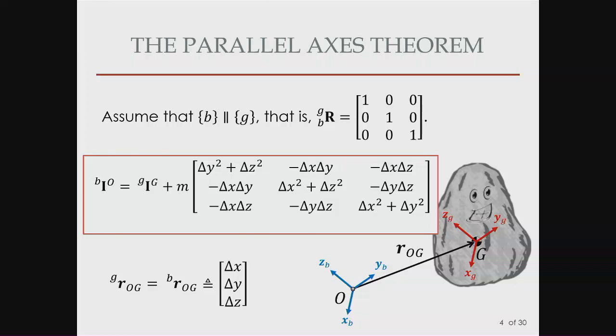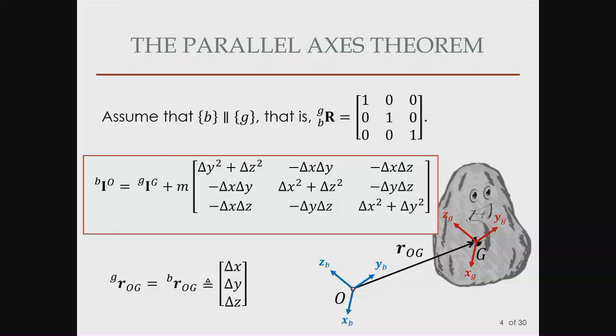If this is the center of mass, G, and this is some other point of interest, O, and this is XF, YF, ZF, you can calculate IG in frame F of this body, and then use this formula to calculate I in the same frame F about point O.